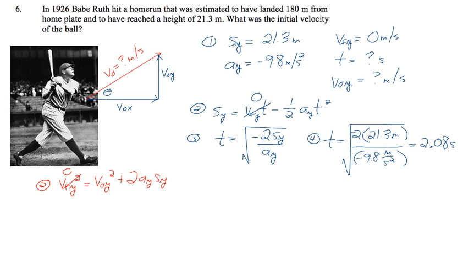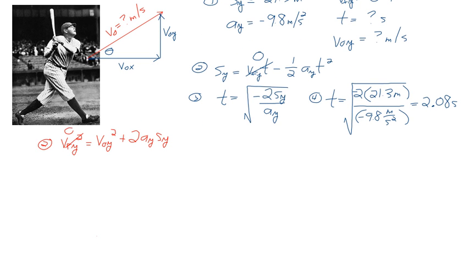And if I do the algebra to rearrange this to solve for VOY, I'm moving this to the other side, which would make it negative when I move it to the other side. So it's going to be minus 2 AY SY. Now that would equal VOY squared.